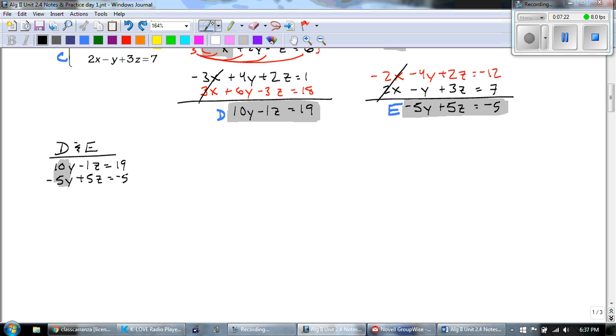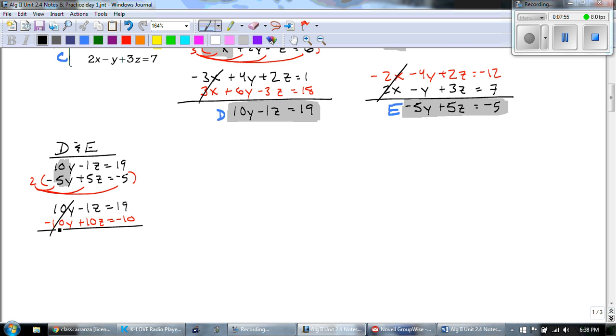Personally, I think it's easier to cancel out the y's just in this case because all I have to do is multiply by 2. They're already opposites, okay? So when we do that, the first equation stays the same, so the 10y minus 1z equals 19. And now I'm multiplying, I get -10y. I get a positive 10z and a -10.